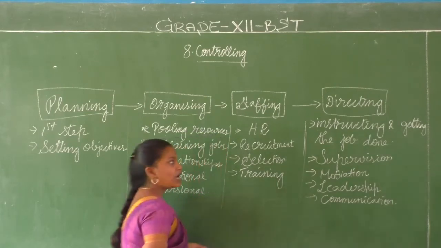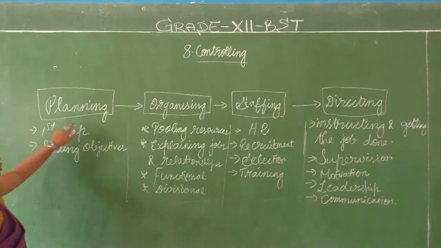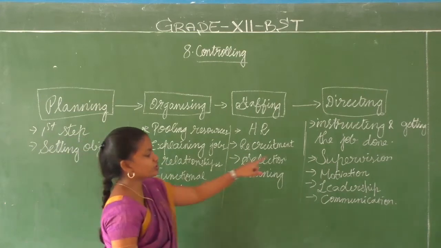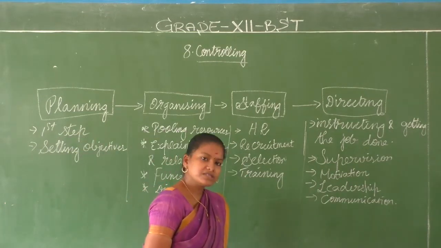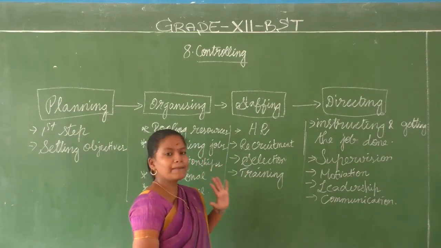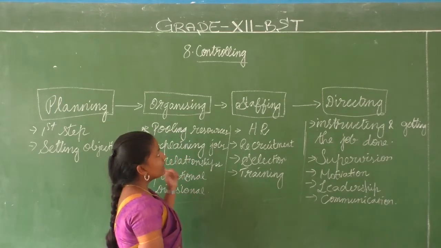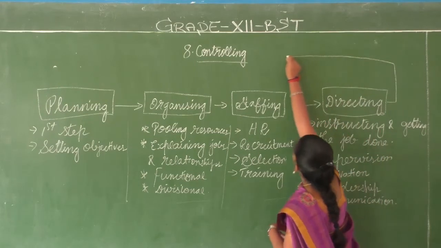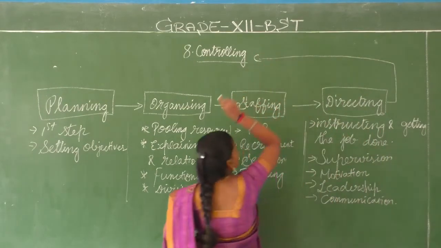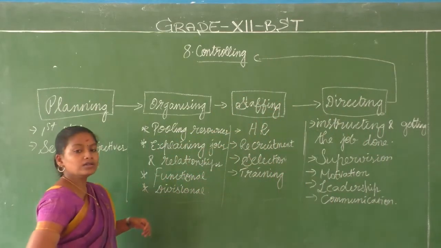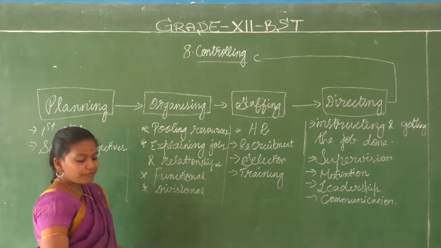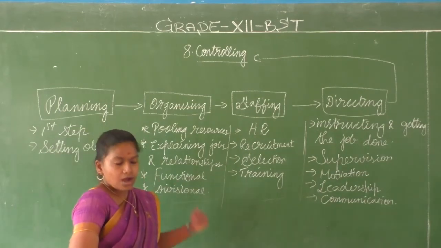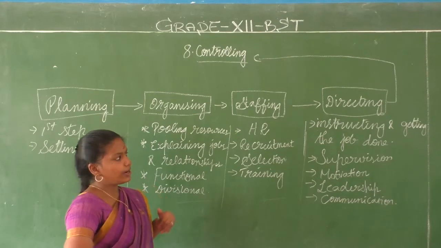So these are the 4 managerial functions that we have discussed. What is the 5th managerial function? It is called controlling. Okay, it is called controlling, and we are going to discuss controlling in this chapter.